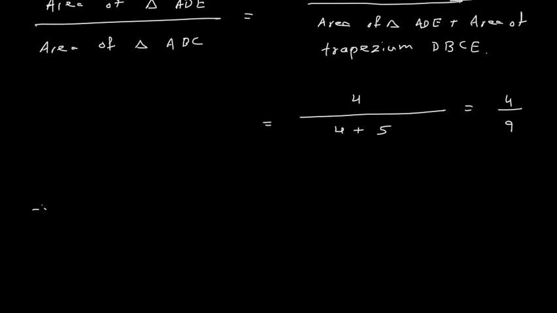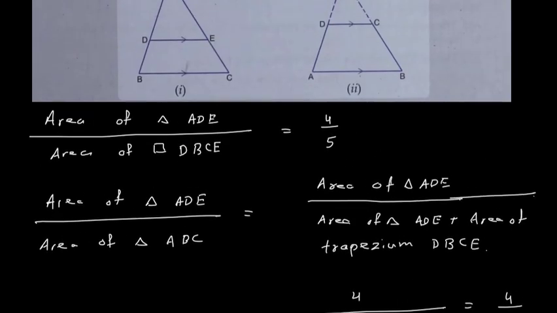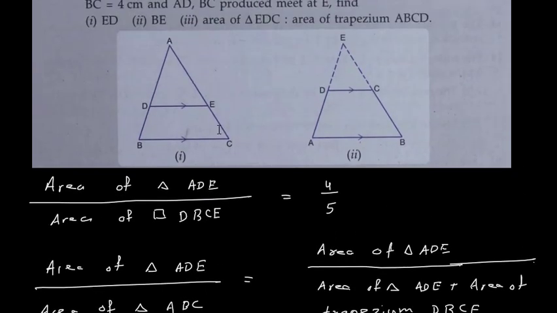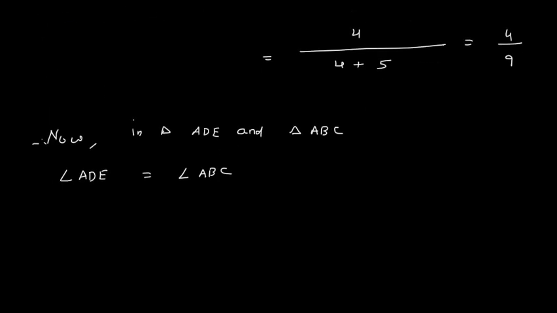Now we prove they are similar. In triangle ADE and triangle ABC, you can easily say that angle ADE is equal to angle ABC. Why? DE is parallel to BC, and these two angles are corresponding angles.